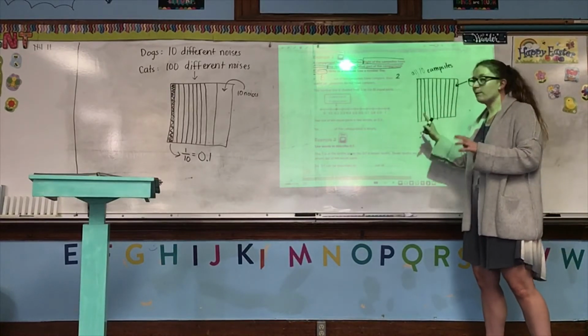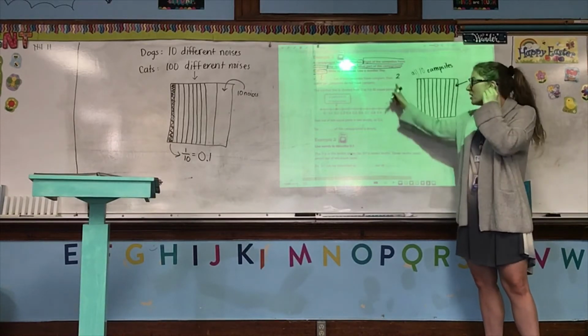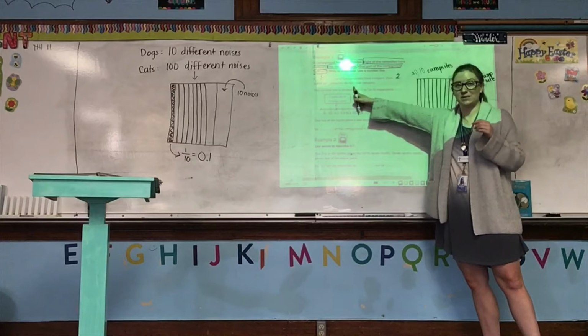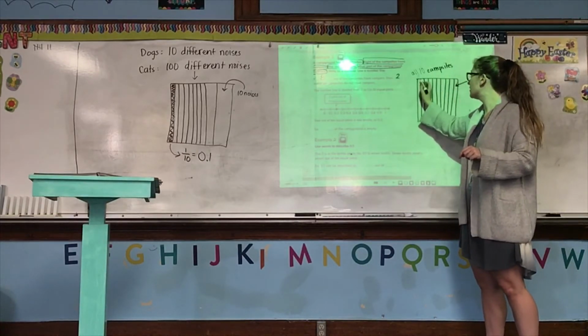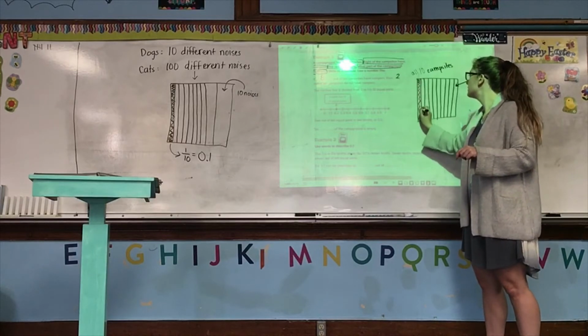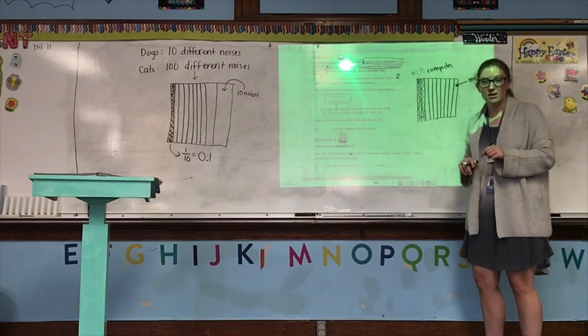Now, what we want to do is figure out how many are empty. So we know that 2 out of the 10 campsites do not have campers. So we are going to shade 2 of these pieces. Okay?